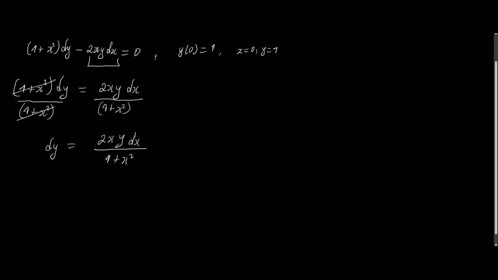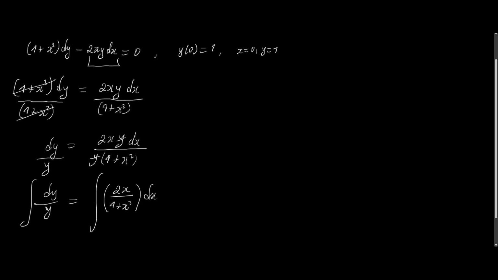So we divide all through by y, and this y cancels, and we'll be left with dy over y equals 2x over 1 plus x squared dx.